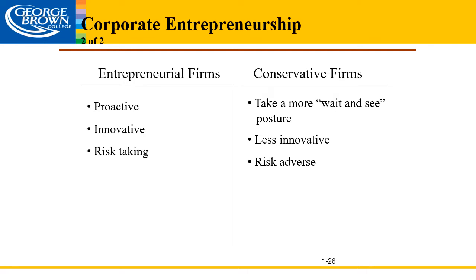So if you're a highly entrepreneurial firm, you're proactive, you're innovative, and you're not afraid to take risks. Okay, these are companies like Amazon. These are companies like Apple. They're usually companies that are super innovative, and they're heavily invested into research and development.